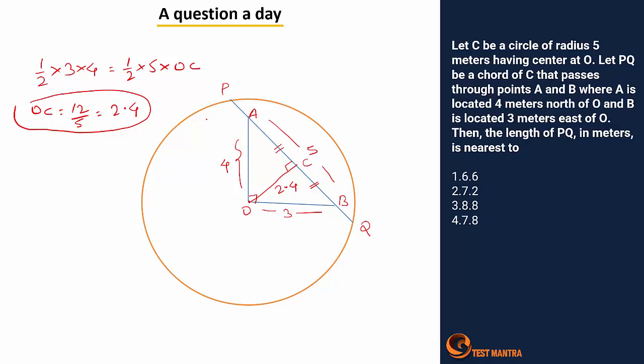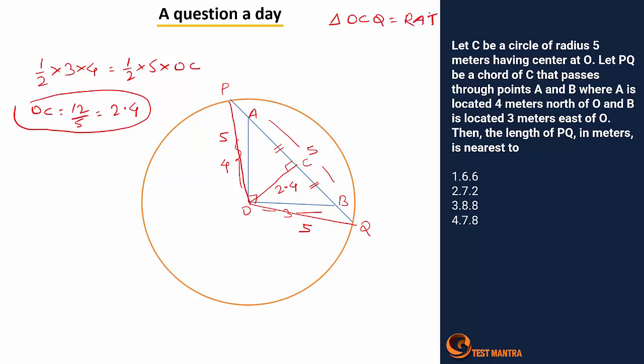Now since this length is 2.4, I'll join any of them. Let's consider OQ, which is my radius here, and this radius will be nothing but 5, or else PO, any of them, this value will be 5. Now if we consider triangle OCQ, it's nothing but a right angle triangle.